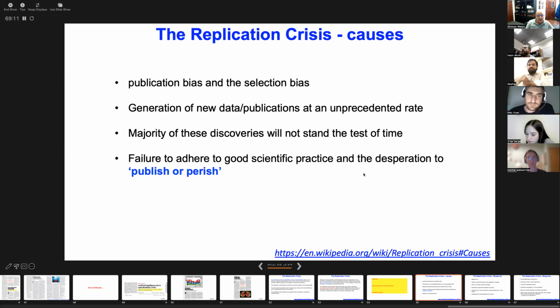Failure to adhere to good scientific practice and desperation to publish or perish, because this is how you are being promoted. When China about 10, 15 years ago decided to really push very hard to up their science, they were paying their professors for each Science and Nature paper that they were able to publish. And they stopped this practice because very quickly they ran into issues of misconduct, and they admitted this.